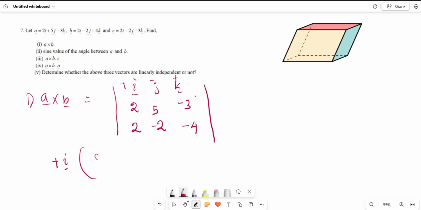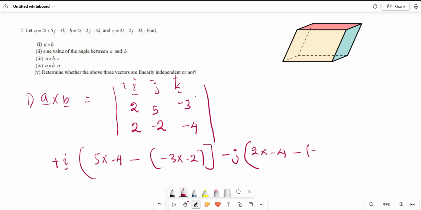So 5 into minus 4 minus minus 3 into minus 2. Then minus j, because this is minus j. Draw the lines, and 2 into minus 4 minus minus 3 into 2.